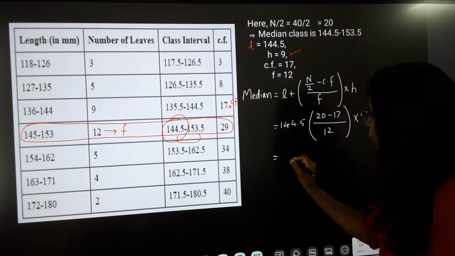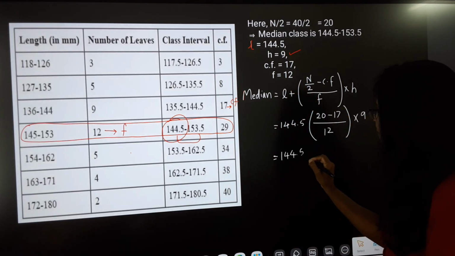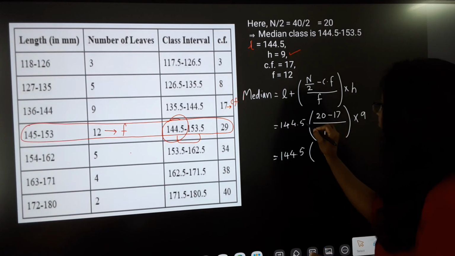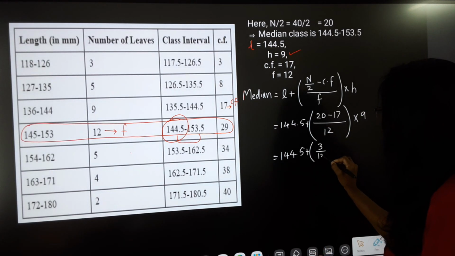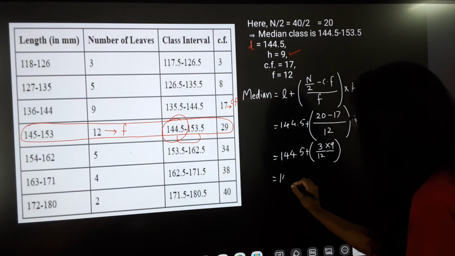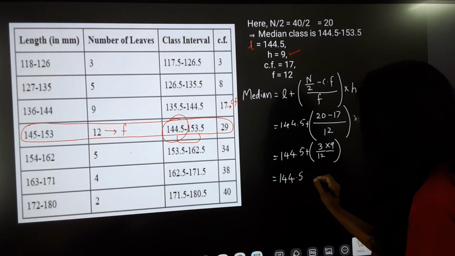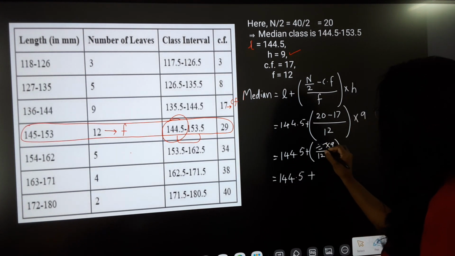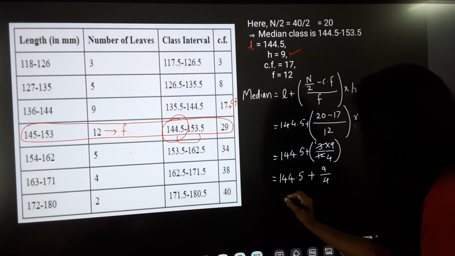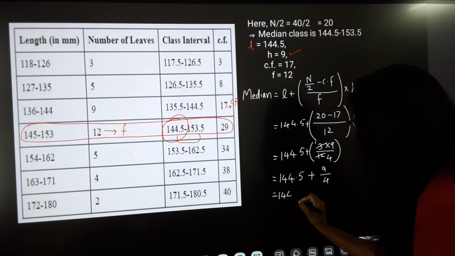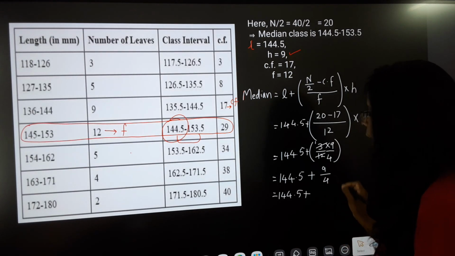So now we have 144.5 plus (20 minus 17), which is 3 upon 12, multiplied by 9. Now simplify further: 3 ones are 3, 3 fours are 12, so it is 9 upon 4. So we have 144.5 plus 9 upon 4.